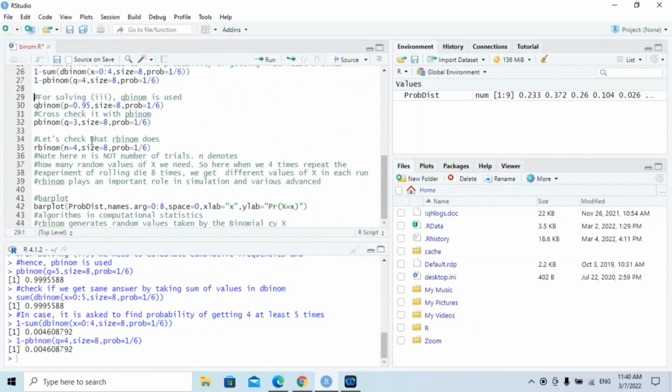So for that we use q binom. Its syntax you need to note here. The given probability has been written. P is 0.95. Then size is mentioned and probability for that binomial distribution. So these are the parameters of the binomial distribution, basically size and probability. They are mentioned as it is.